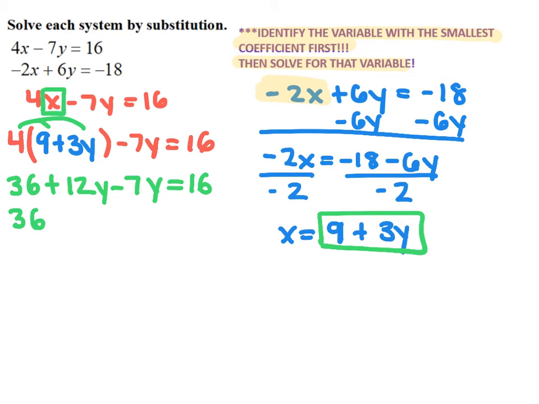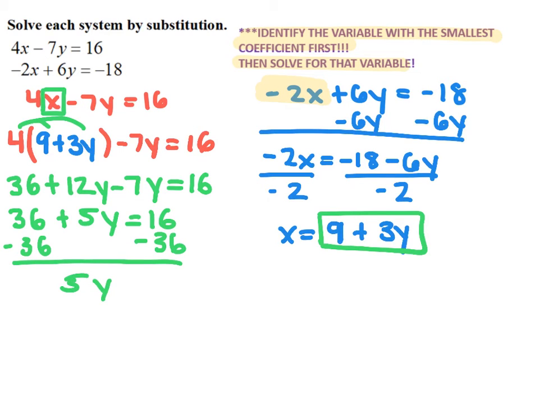Combine like terms to get 36 plus 5y equals 16. Subtract 36 from both sides to get 5y equals negative 20. Divide both sides by 5 to get y equals negative 4.